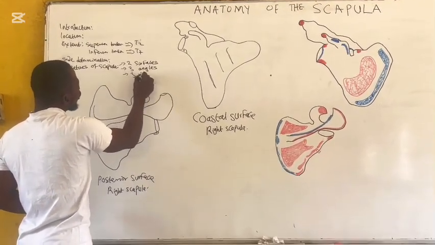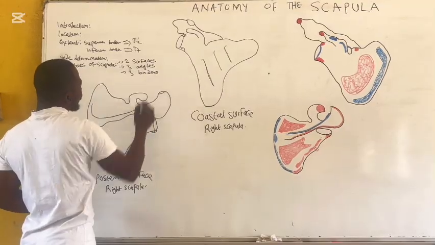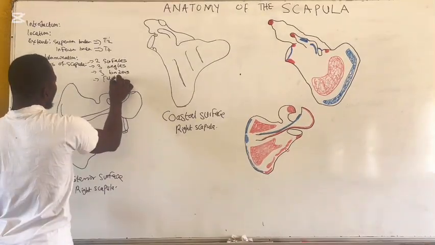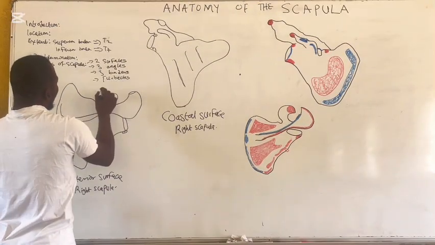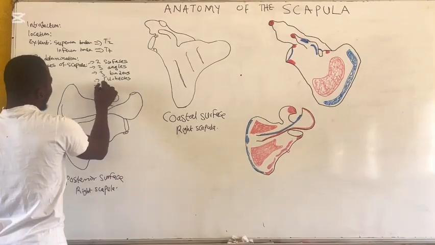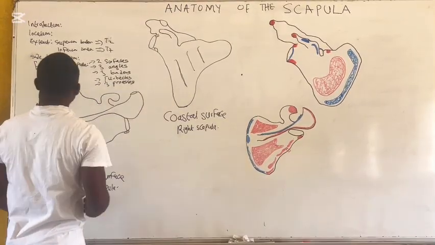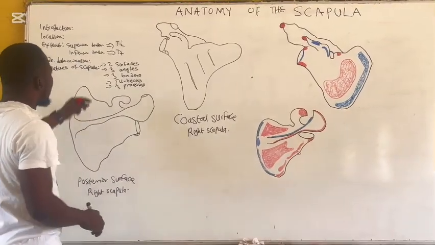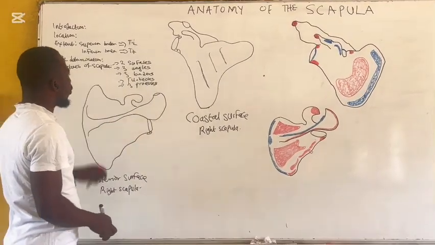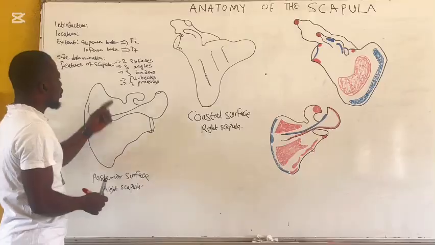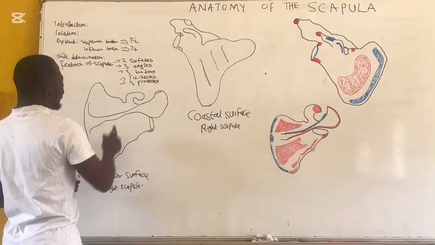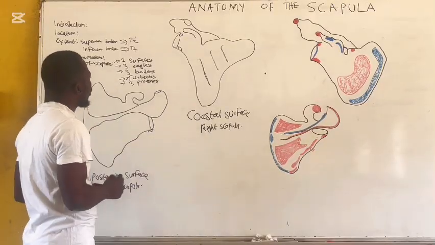It has three borders. It has three tubercles and it has three processes. So these are the features of the scapula: two surfaces, three angles, three borders, three tubercles, and three processes.